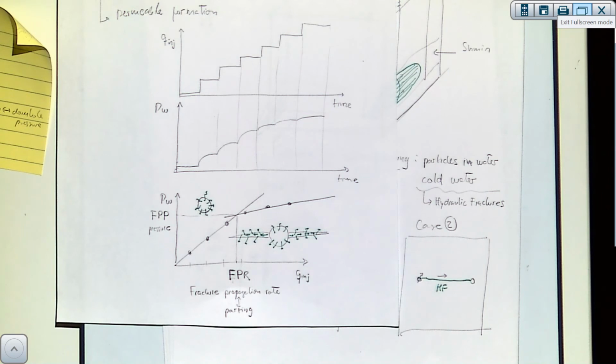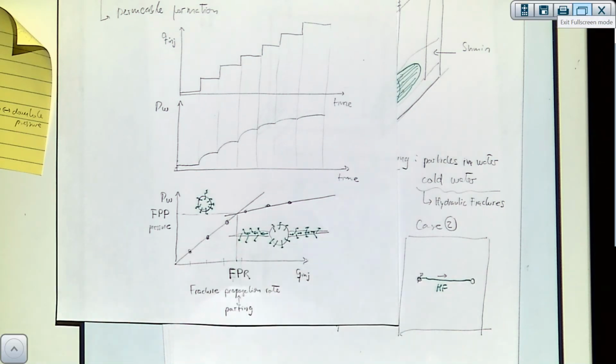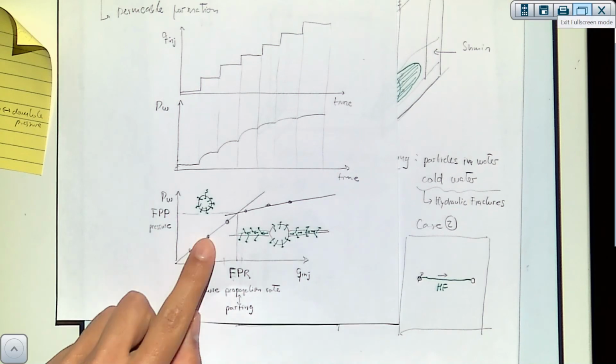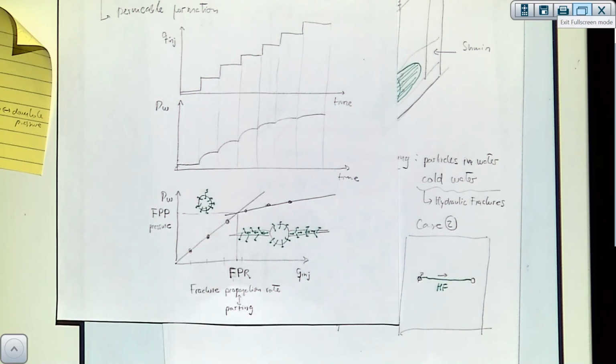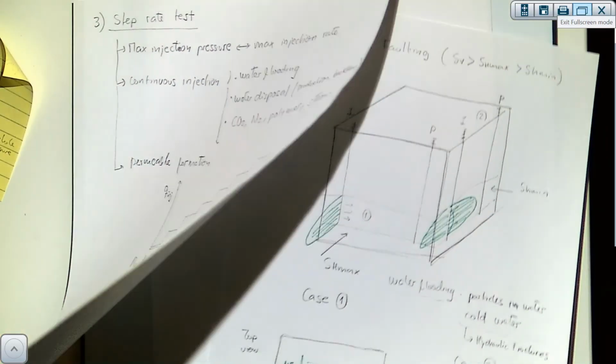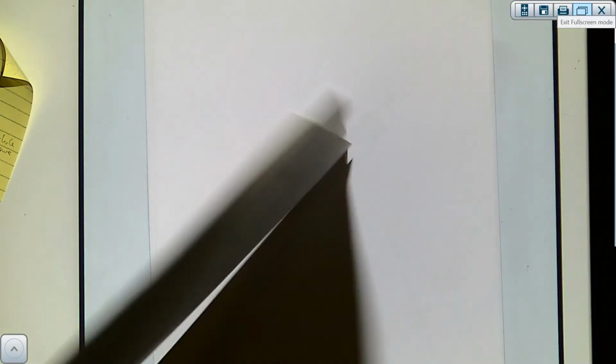It's usually also meant for large reservoirs. In small reservoirs, sometimes the pressure could go up as you start accumulating more fluid in the pore space, and you could form a fracture at a pressure lower than the parting pressure indicated in the step rate test. So you should also be aware that there are some limitations with the step rate test.